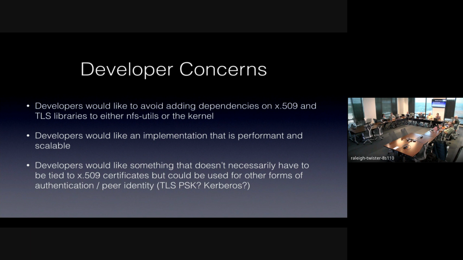The TLS libraries in user space are also complicated, and we don't want to pollute nfs-utils with those dependencies, and especially not the kernel. I mean, we have tlshd on purpose. It's because the kernel folks just said we don't want that in the kernel. So that's one concern. We need to silo this a little bit. We need to draw some architectural lines around which part has expertise to deal with which parts of the problem that we're trying to deal with.